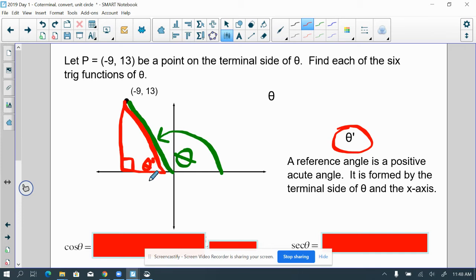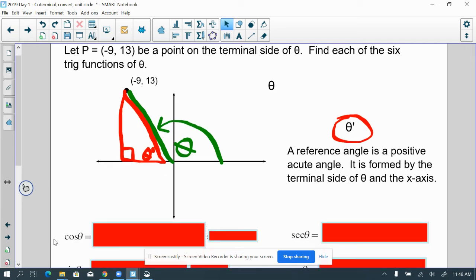A reference angle is an acute angle, so between 0 and 90 degrees, and the two sides are the terminal side of an angle and the x-axis. So it's nestled next to the x-axis. And this red thing is called a reference triangle; the whole point is to make your job easier.